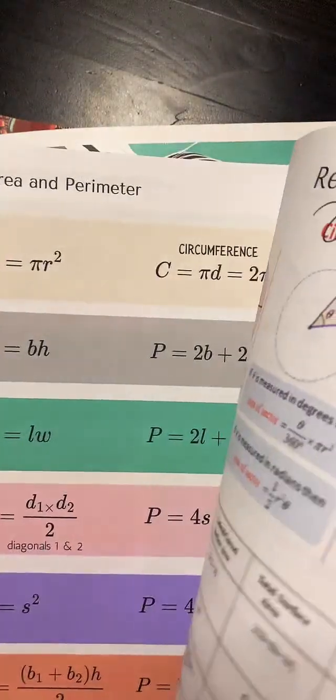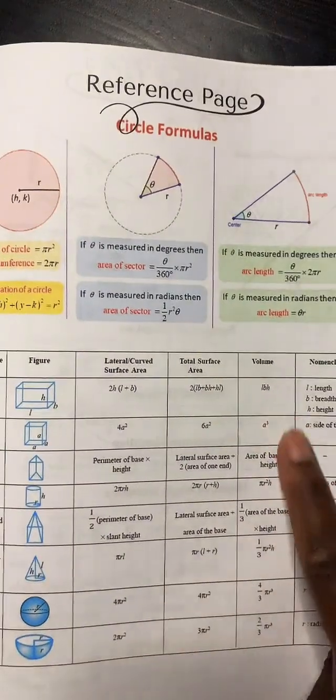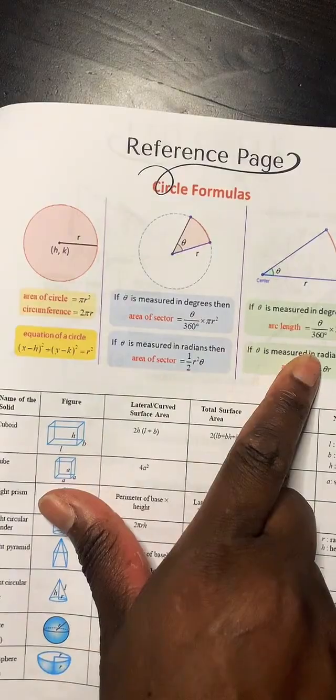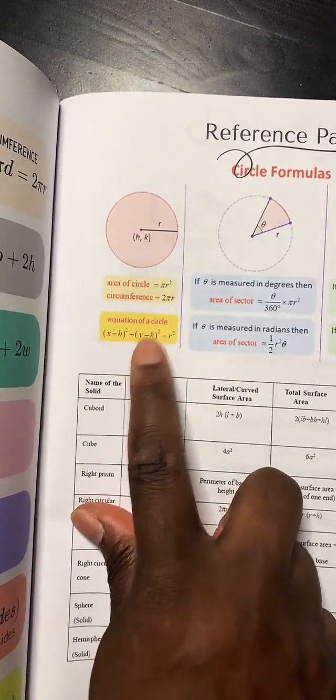Then we have area and perimeter that's going to be added. We have volume, surface area, area of a sector, arc length, also the equation of a circle.